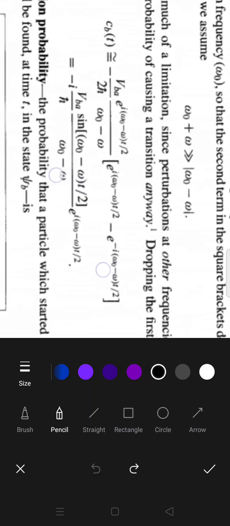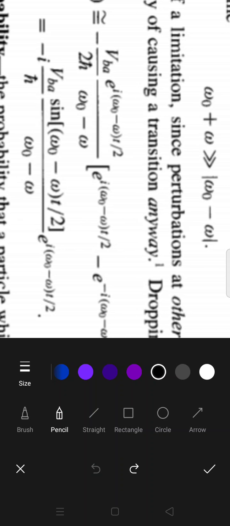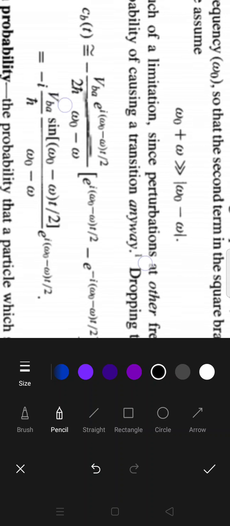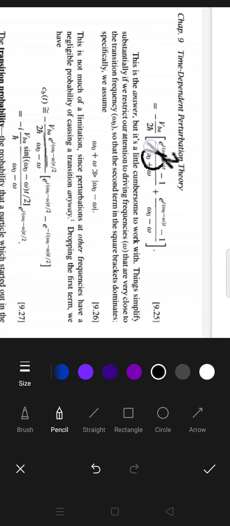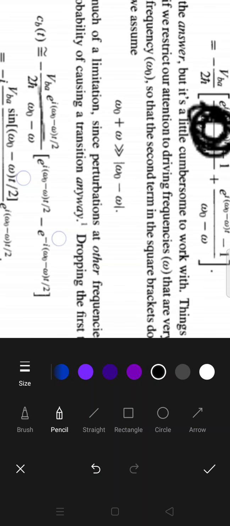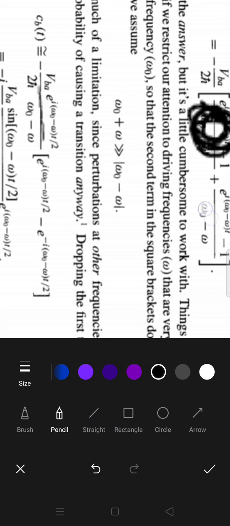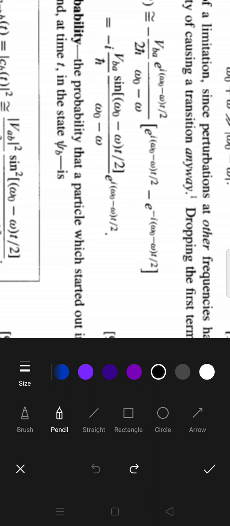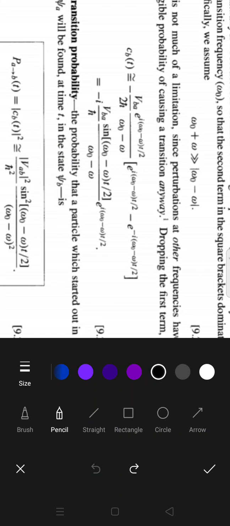So drop the first term. Take out e power i (omega naught minus omega) t by 2 from the second term, and we neglect the first term completely. Multiplying 1 by 2 into 1 by 2 gives rise to 1.